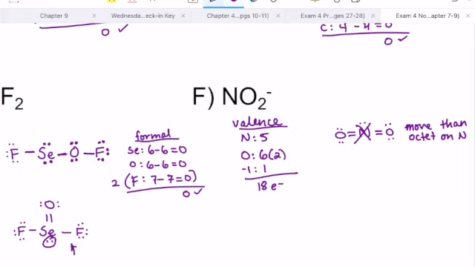All right, Willow, what did we do instead? Keep nitrogen in the middle. Okay, so now we've got 2, 4, 6, 8, 10, 12, 14, 16, 18. Does everything follow the octet rule, Willow?